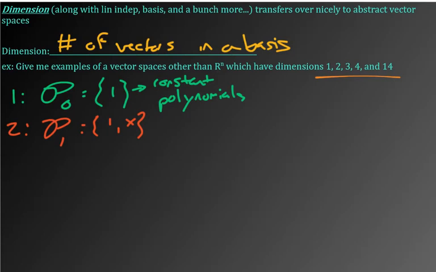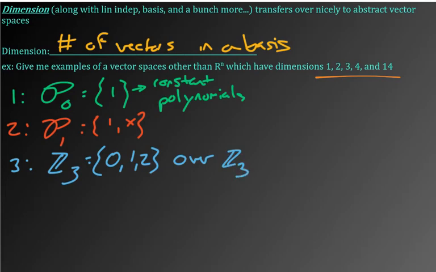For 3, you could do Z3, which we talked about briefly. That is the integers 0, 1, and 2. But here you would have to specify that this is over Z3. We had a problem where we talked about how Z3 over Z or something is not a vector space because of closure with scalar multiplication.